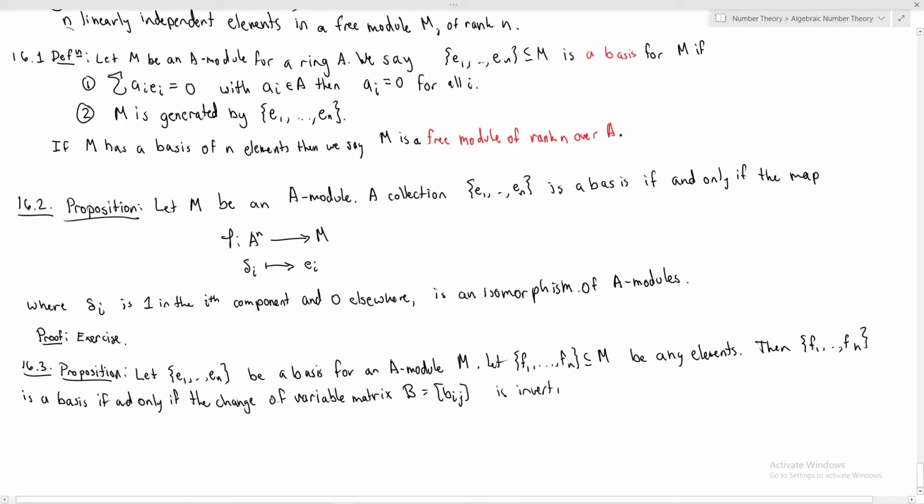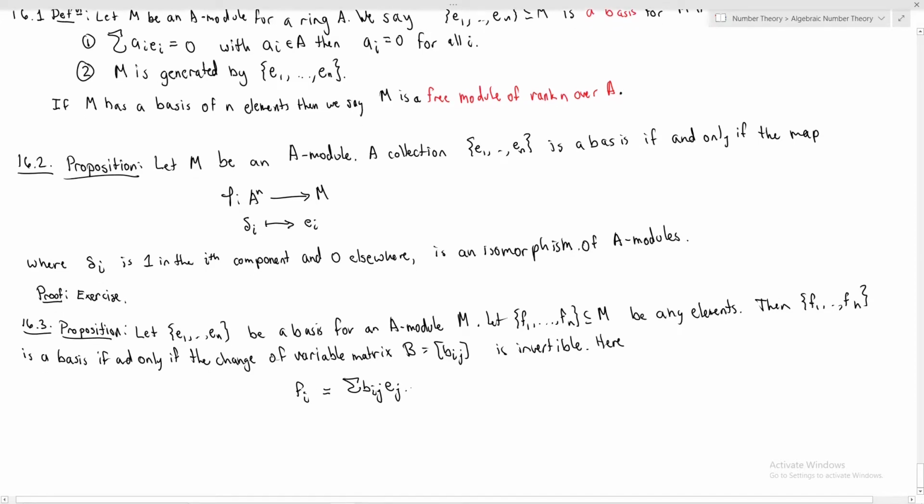Now, what is the change of variable matrix, you ask? Well, here f_i is the sum over j of B_ij e_j. So essentially it's the matrix where if you multiply by each e_i you get the f_i.